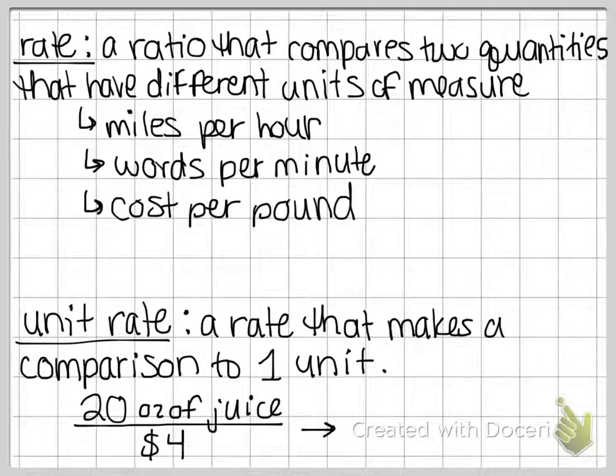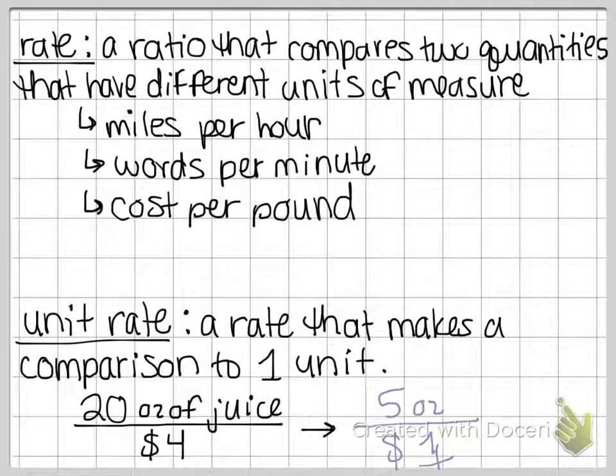When you're looking at the comparison of 20 ounces of juice for $4, you're going to try to get down to 1 unit. So I'd figure out what $1 gets me. If I simplify, 4 divided by 4 is 1, and 20 divided by 4 is 5 ounces of juice for $1.